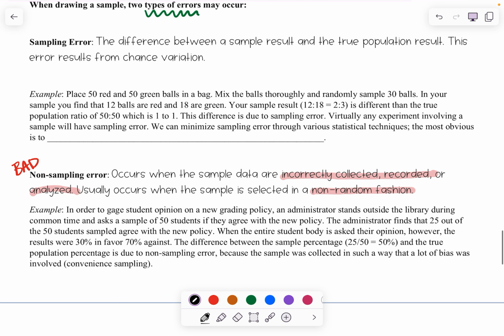Now, in the other form of error, this is not a bad one. Sampling error is basically going in and seeing that a sample doesn't always equal to what the population is. So realistically, if I were truly doing a sample survey for opinions on cafeteria food, I can't just ask one sample of 100 kids and expect that to give me a true proportion of the school's opinion.